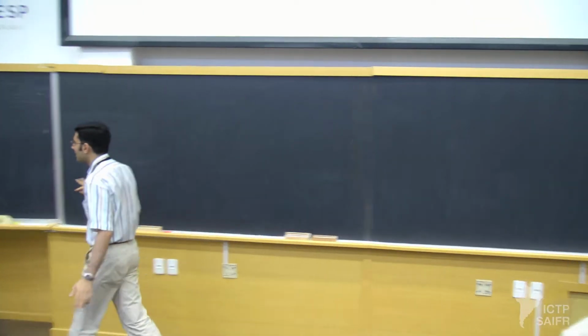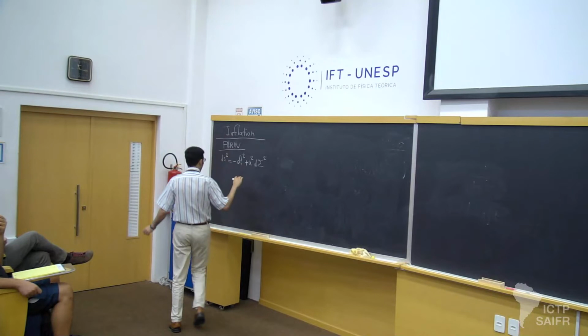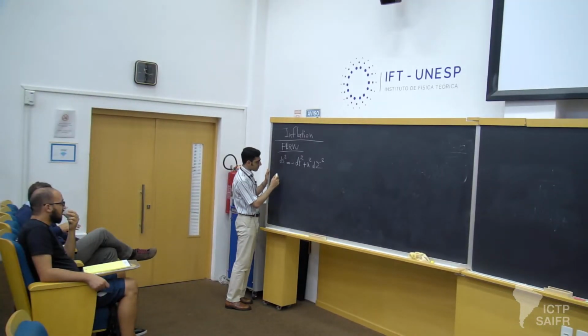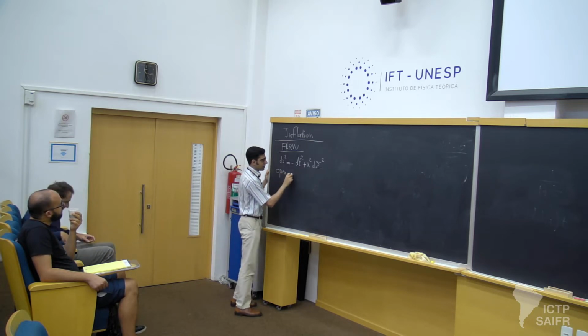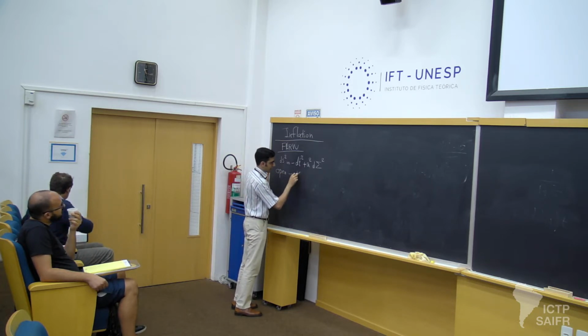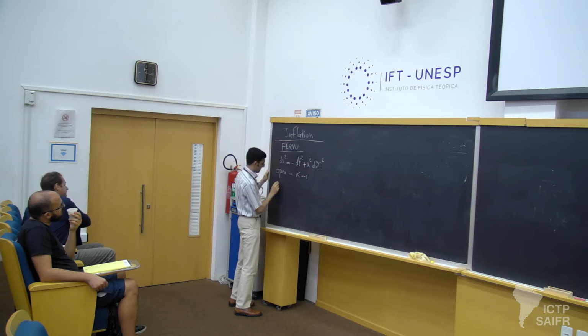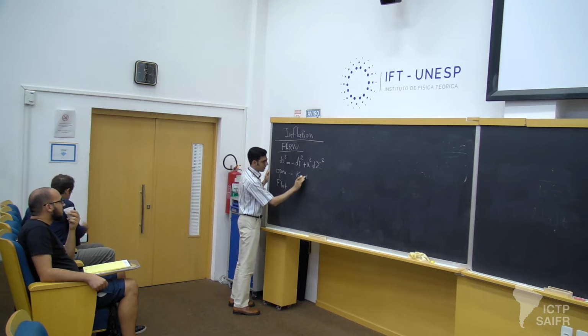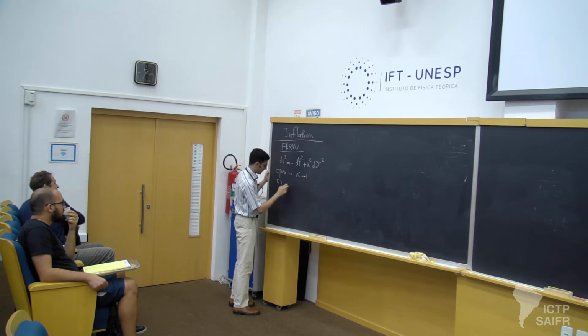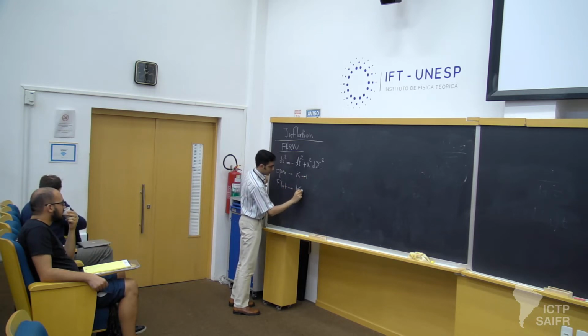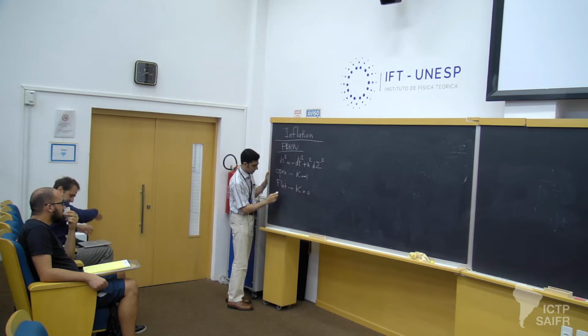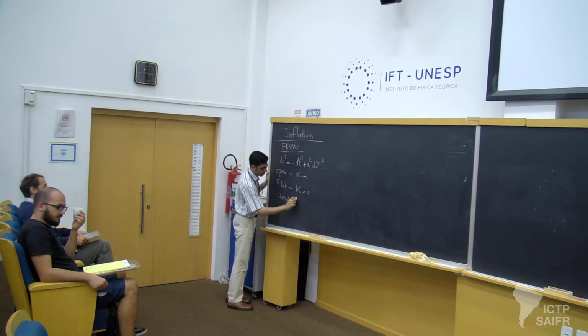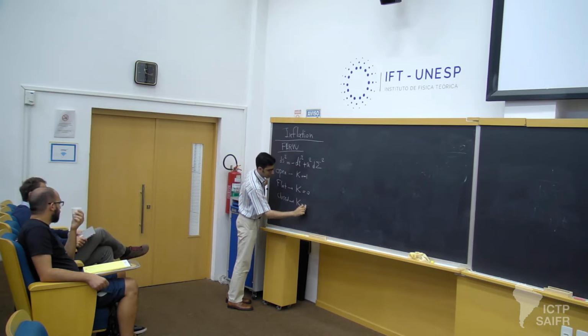So there are three possibilities for this sigma, which correspond to having open, which I denote by k equals -1, flat, which is k equals 0, and closed, which corresponds to k equals +1.